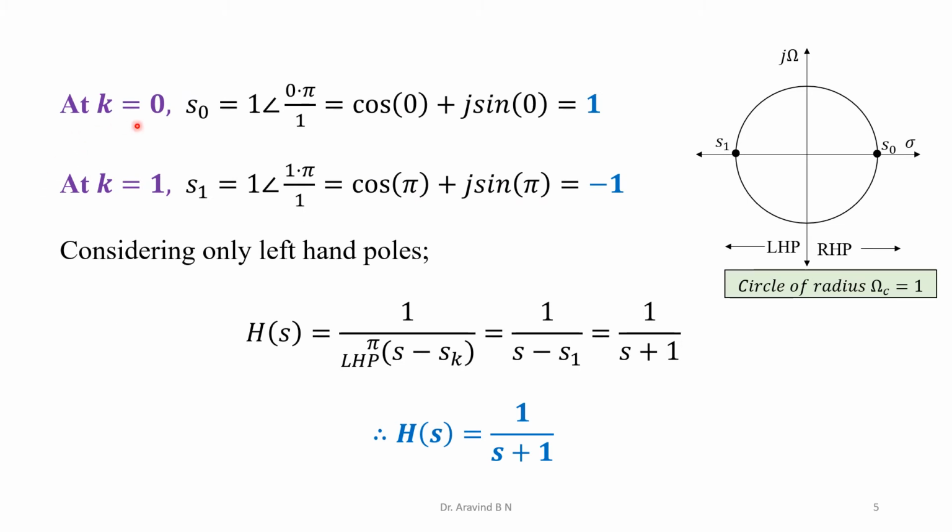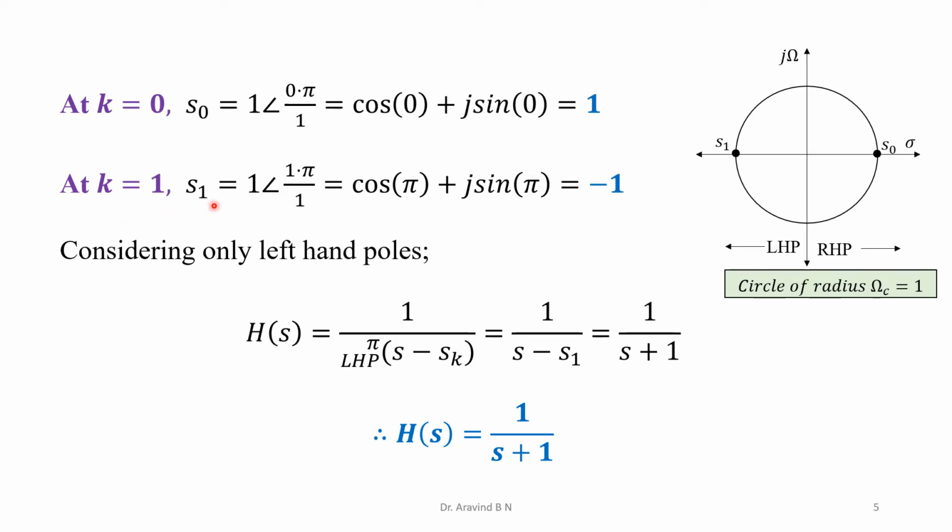Now at k is equal to 0, S0 will be equal to 1 at an angle of 0 into pi divided by 1. Now expand this in terms of cosine and sine, that is cos of 0 plus j sine of 0. If we make a simplification of this, this is equal to 1.